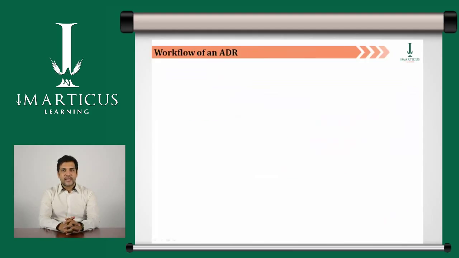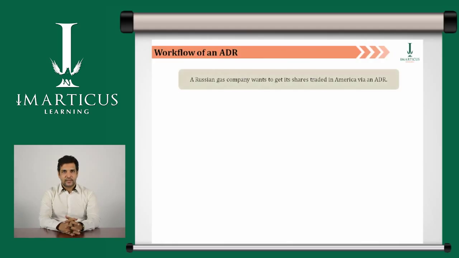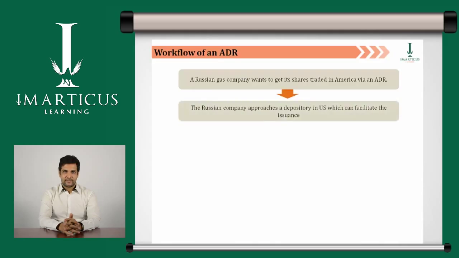Let us now understand the workflow of an ADR. In our example, we have a Russian gas company that wants to get its shares traded in America via ADR. This company approaches a local depository of the US who can facilitate the issuance.